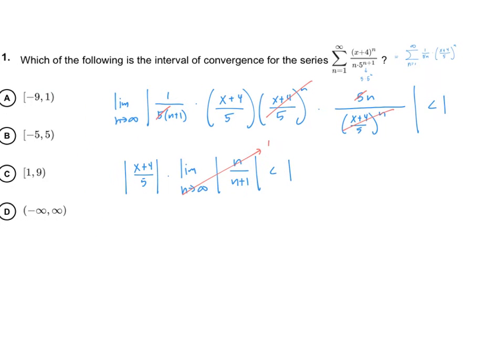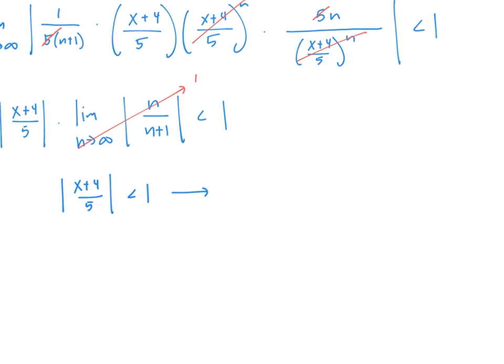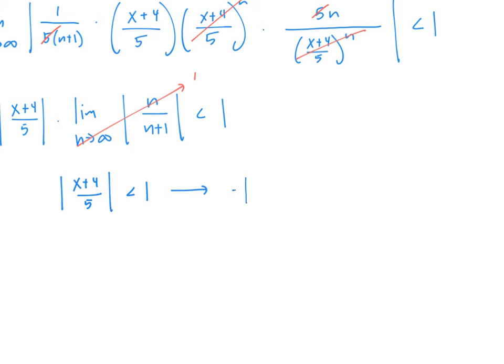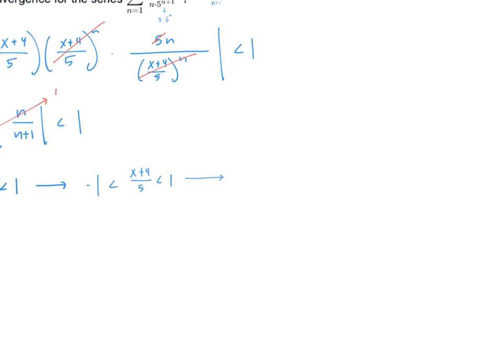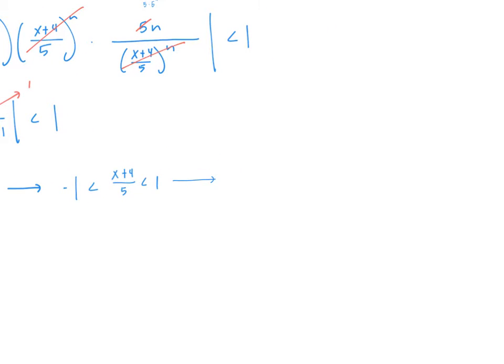Just left with the rest. Okay, and then we know how to rewrite this. Multiply everything by 5. Subtract 4 from everything.